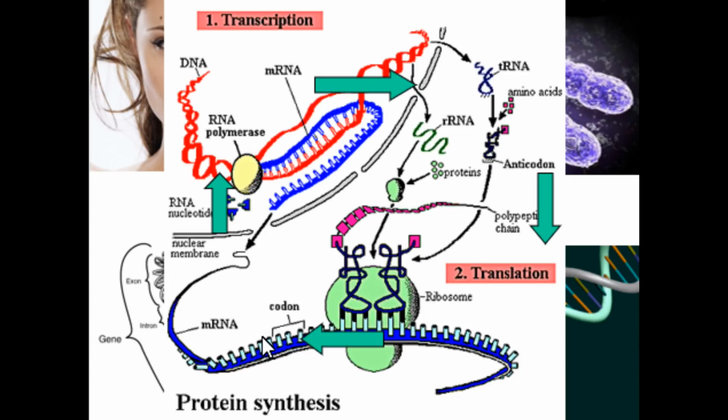Not just any base, but complementary base pair. And so you can make new DNA that's exactly the same as the original DNA by following the rules of which base pairs with which other base.